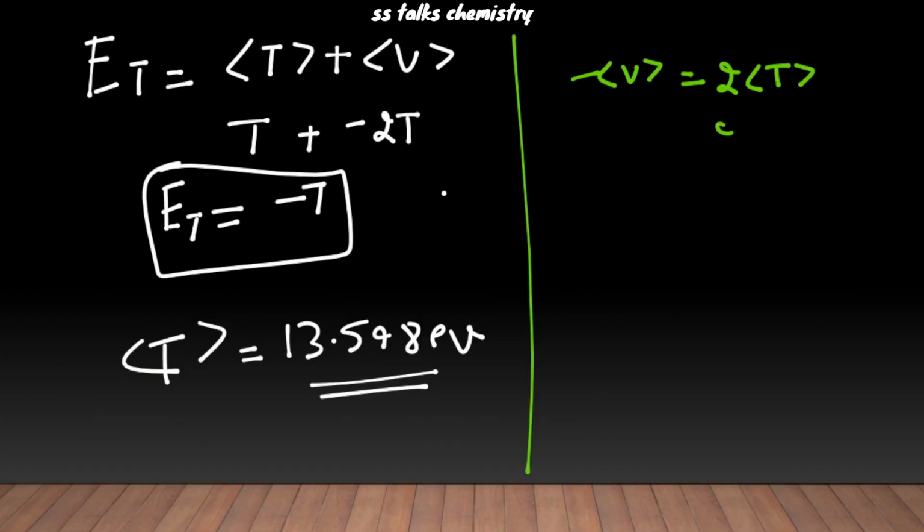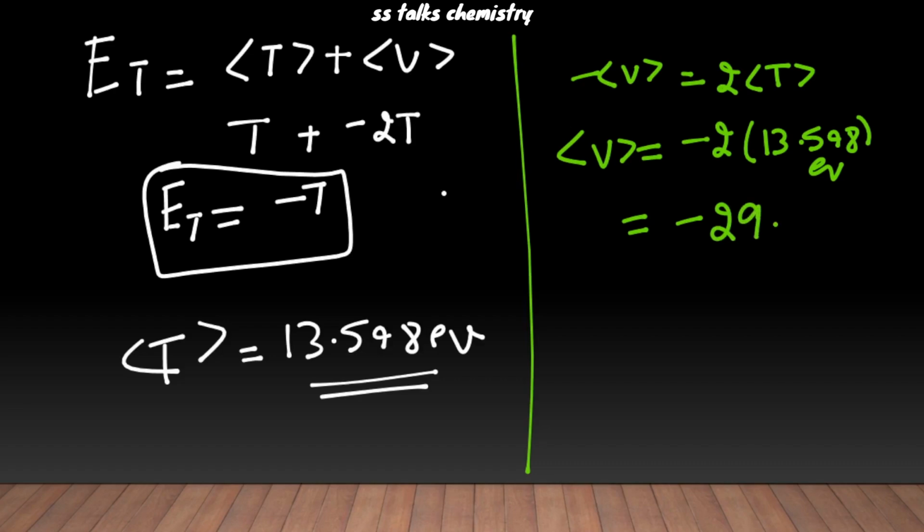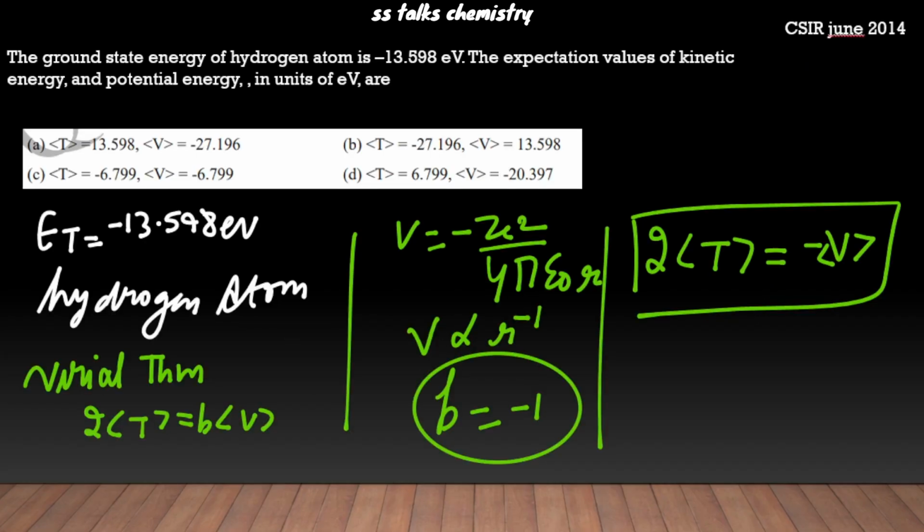So 2 times 13.598 electron volts with the negative sign is going to be the value of the potential energy, which is minus 27.196 electron volts. Okay, so kinetic is 13.598, potential is minus 27.196. Option A becomes the right answer.